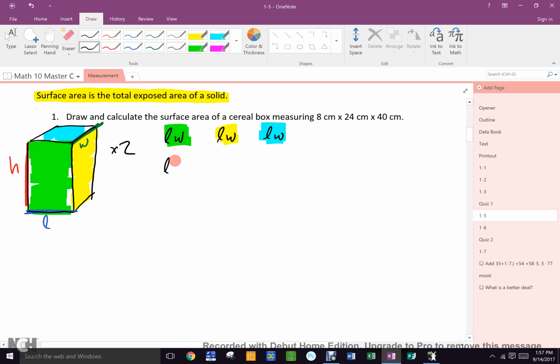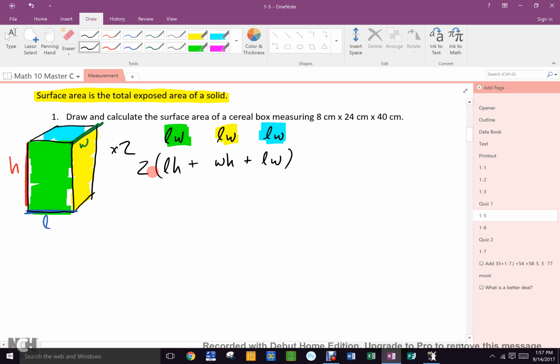Length times height, L times H. How will I find the yellow area? W and H. And the blue area? L, W. And what must I do with those 3 numbers? Put them in brackets. Then what? Add them. Then what? Multiply them.